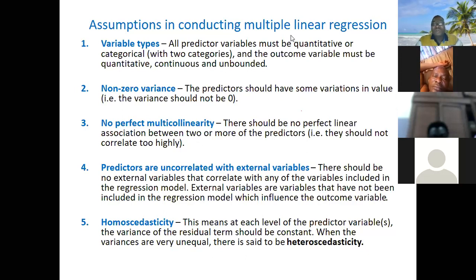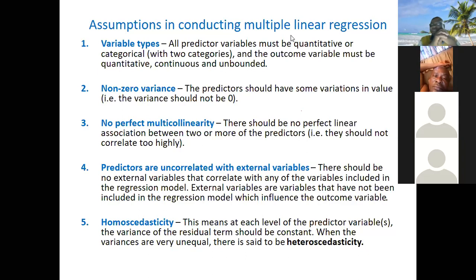Variable type: all predictor variables must be quantitative or categorical with two categories, and the outcome variable must be quantitative, continuous, and unbounded. The meaning of unbounded is that there should not be a limit. That is why you cannot use a linear model directly for logistic regression unless you modify it, because the outcome is bounded.